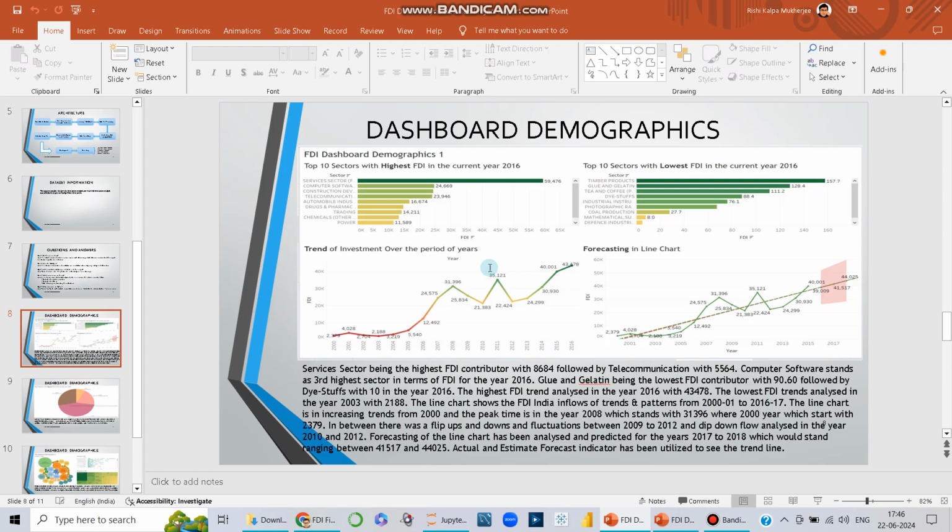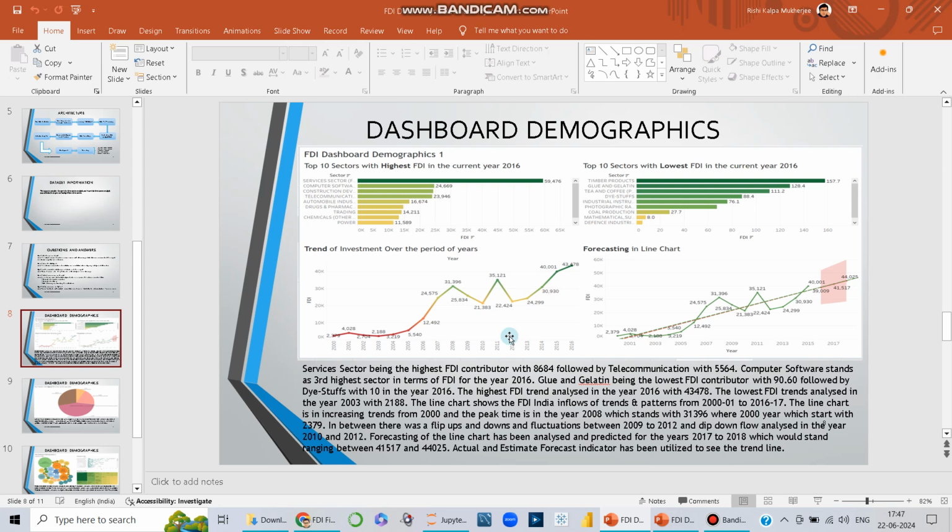Based on the dataset, you can see that the services sector is the highest FDI contributor. The line chart shows the FDI inflow trends and patterns from 2000 to 2017, and the peak is in the year 2008, at 31396.